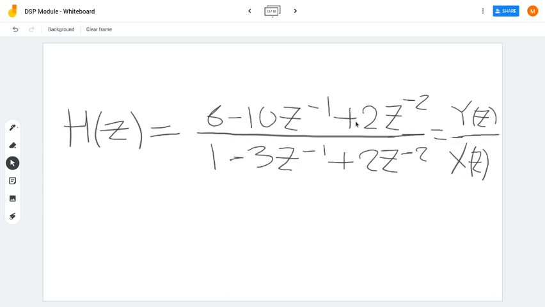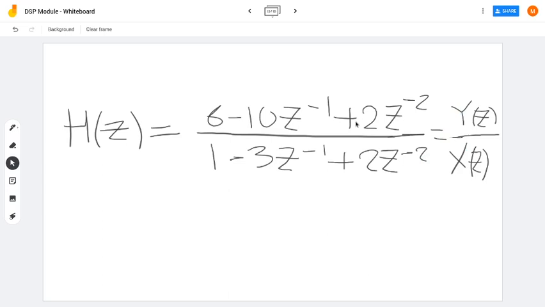So basically we know that H of z is equal to Y of z over X of z. So this rational function should be equal to Y of z over X of z. So in order to find the LCCDE, we will multiply this numerator with X of z and this denominator with Y of z, and then we have our LCCDE. So this is how it goes.